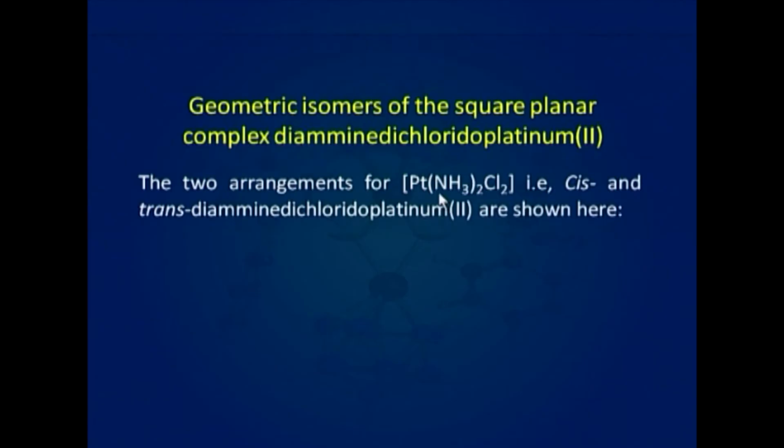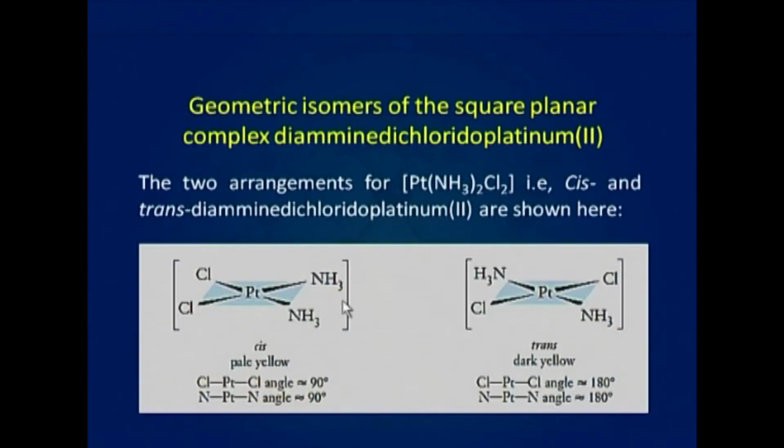Now, we will discuss the geometrical isomers of square planar complex diamminedichloridoplatinum 2. The two arrangements for Pt(NH3)2Cl2, that is cis and trans diamminedichloridoplatinum 2 are shown here. The first one is cis because the bond angles between two similar atoms are 90 degrees.